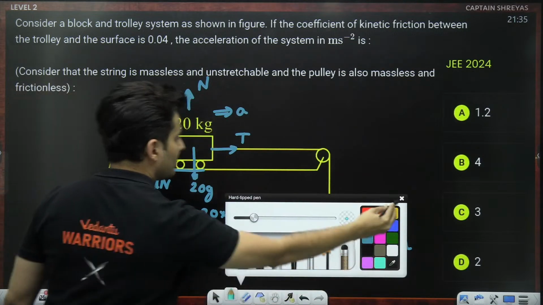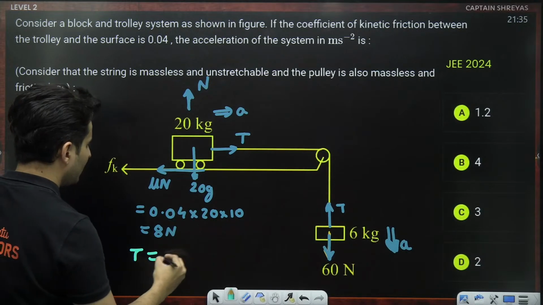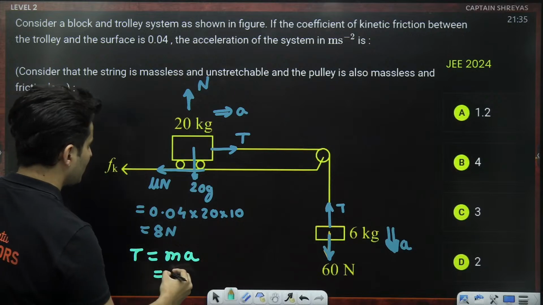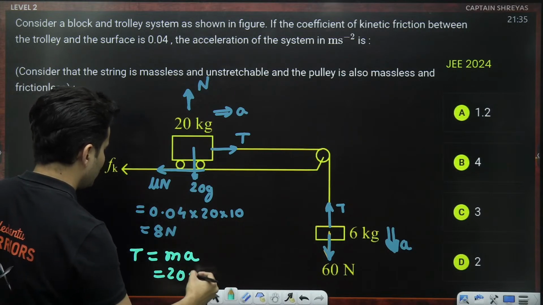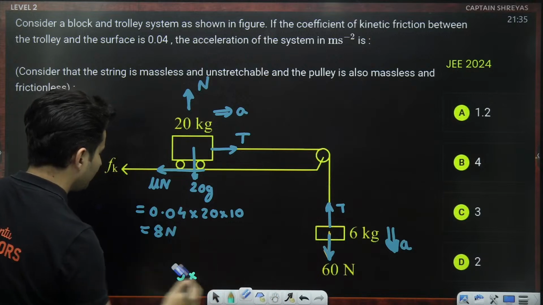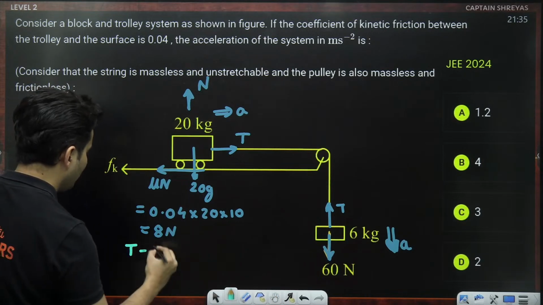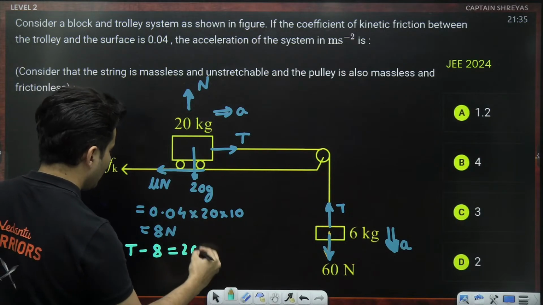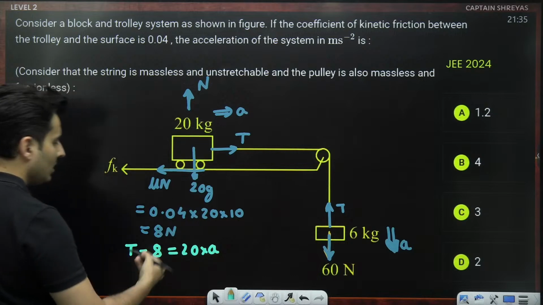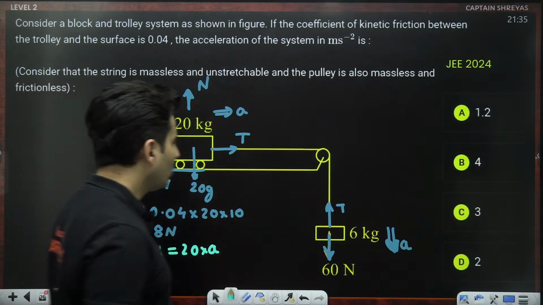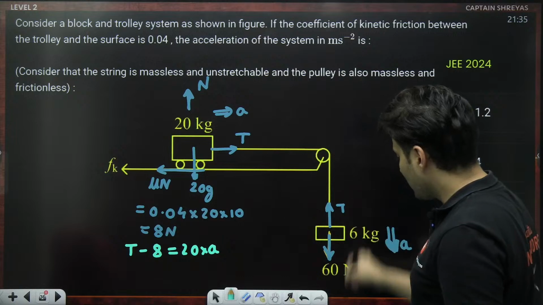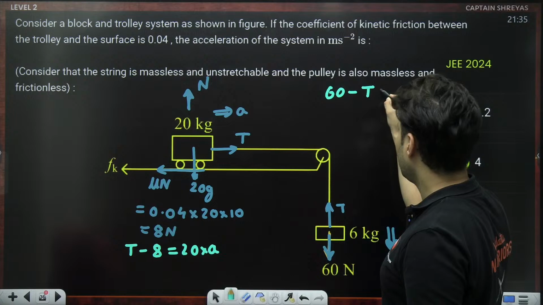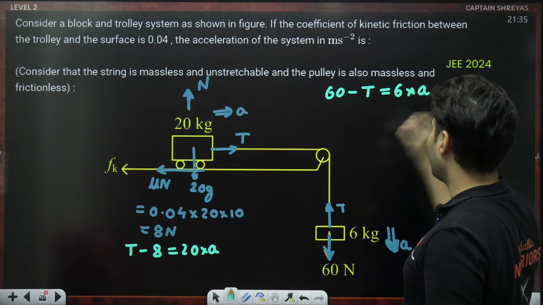So hence I can simply say tension is equal to mass into acceleration. So mass is how much? 20. Acceleration is how much? Sorry, my bad guys. I can just say tension minus friction, which is 8 Newton, is equal to mass into acceleration. Mass is 20, acceleration I don't know. Just leave it like that. Then look over here. Here I can say 60 Newton minus tension is mass into acceleration. So 60 minus tension is mass multiplied by acceleration.